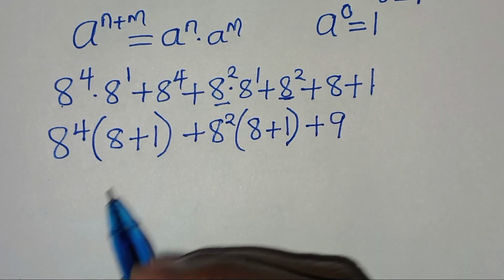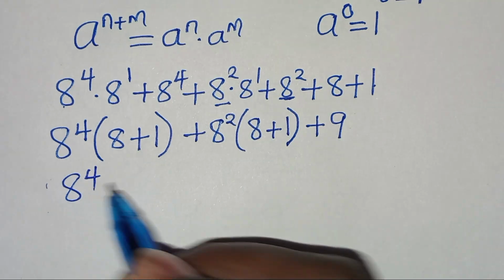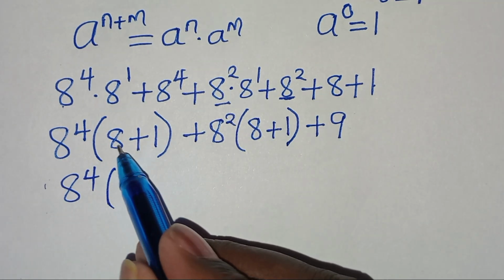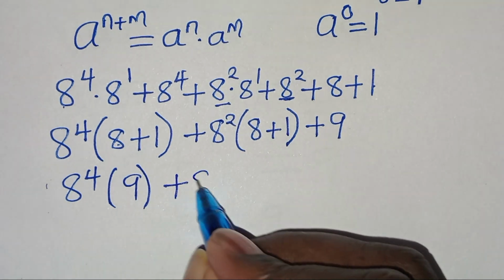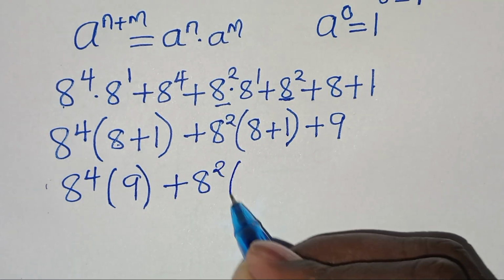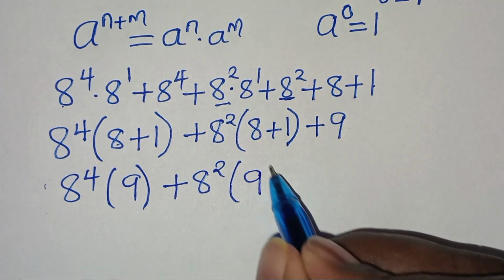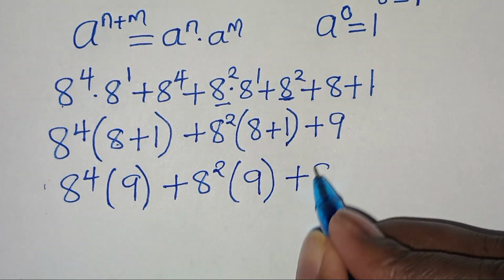The next step is that we have 8 to the power of 4 times 8 plus 1, which is 9, then plus 8 to the power of 2 multiplied by 8 plus 1, which is 9, then plus 9.